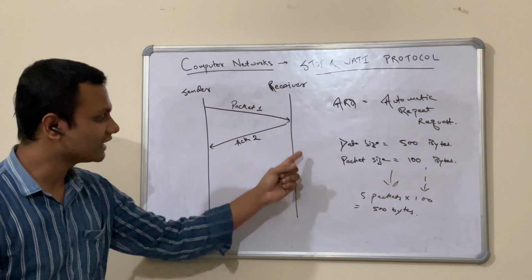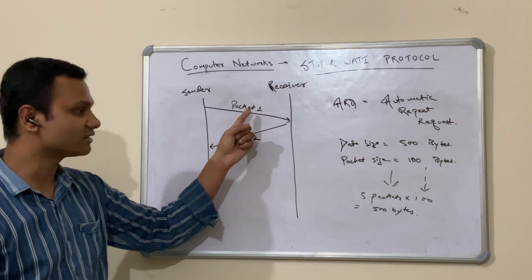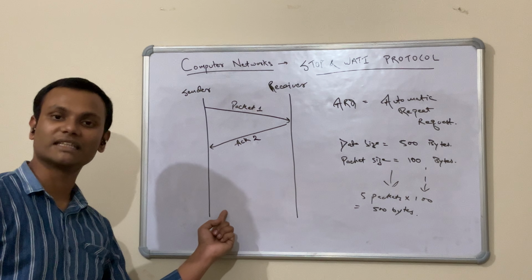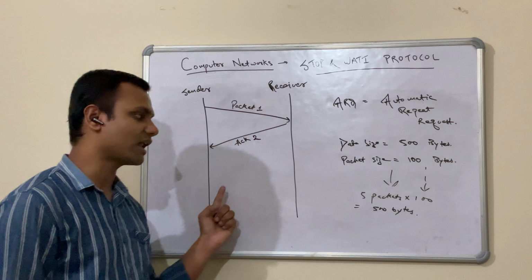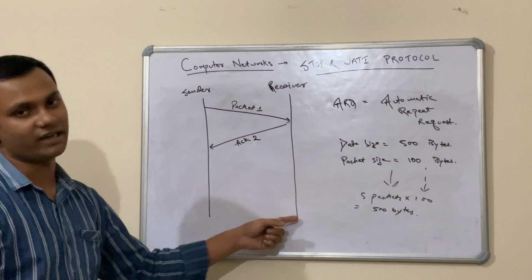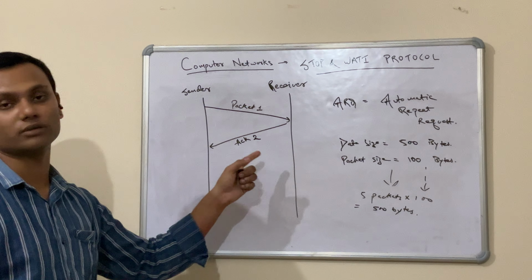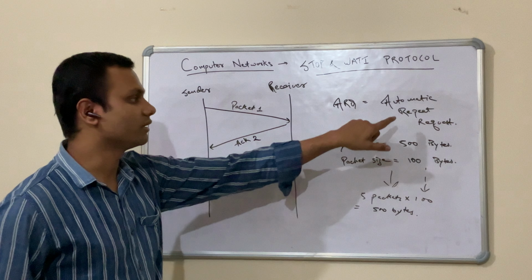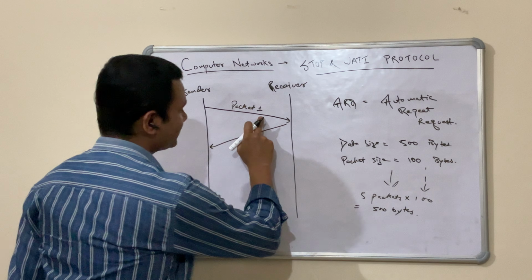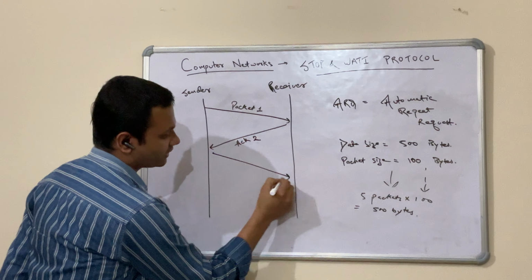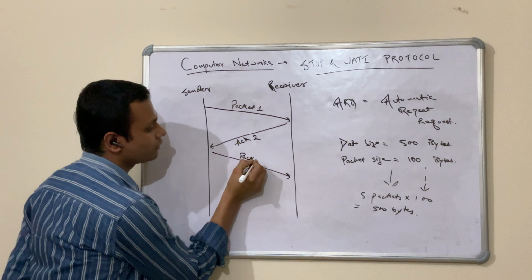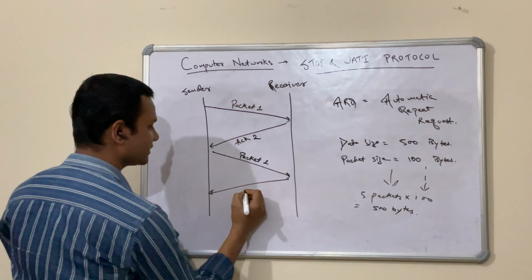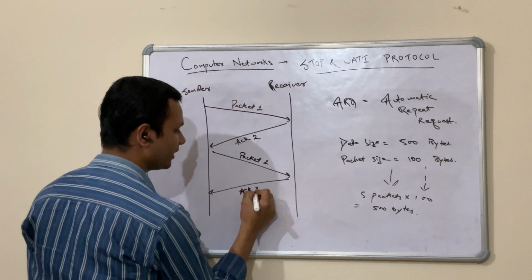We are constantly repeating the request: when packet 1 is received, we send ACK 2, and when packet 2 is received, we send ACK 3, and in this fashion the last packet 5 will be received and ACK 5 will be sent by the receiver to the sender. That's why it is repeat request. So after packet 1 is sent, ACK 2 is received, then packet 2 is sent by the sender to the receiver, and for this the receiver sends ACK 3.